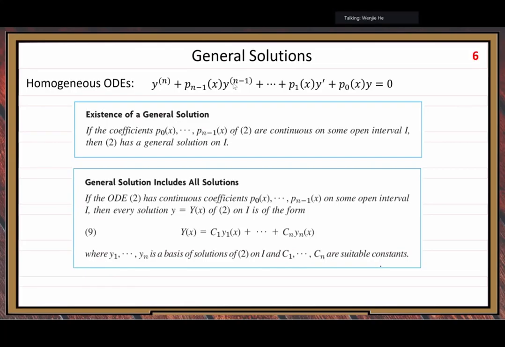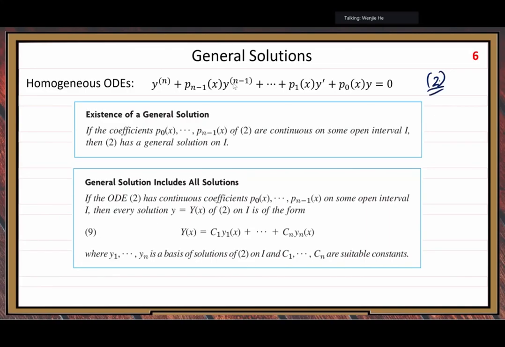This second result is also a generalization from the order 2 case. I copied the ODE2 above, so if you ask yourself which one is ODE2, I put a number there.